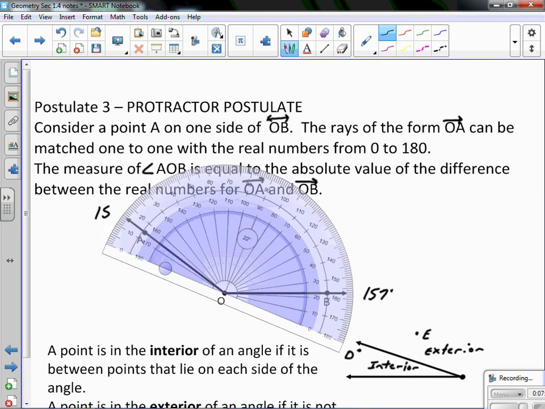So the measure of that angle can be found by saying, first off, let's name it. The measure of angle AOB is going to be equal to the absolute value of the difference of 157 degrees minus 15 degrees.